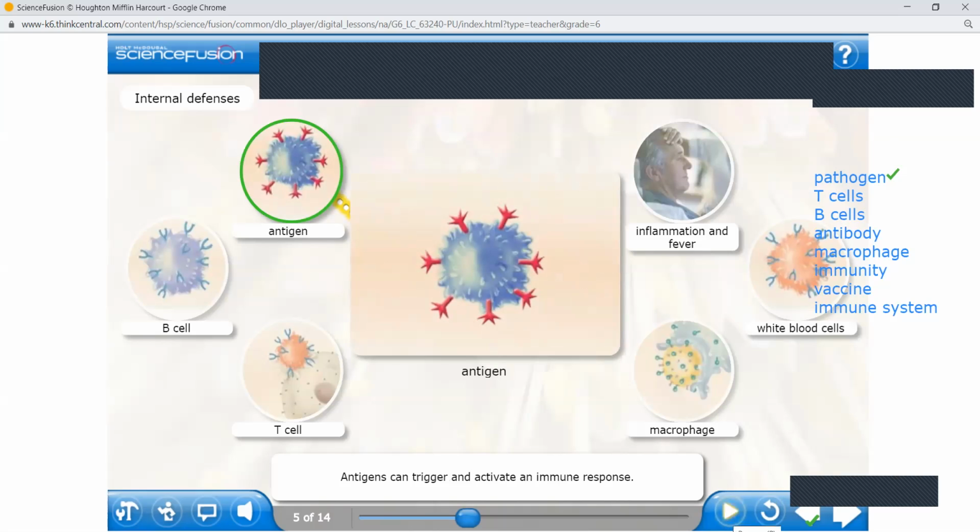So girls, antigens are usually made up of proteins released by these pathogens. Pathogens like bacteria, virus, and fungi have special proteins inside them, which they release into our body, and that is called an antigen. And they trigger.